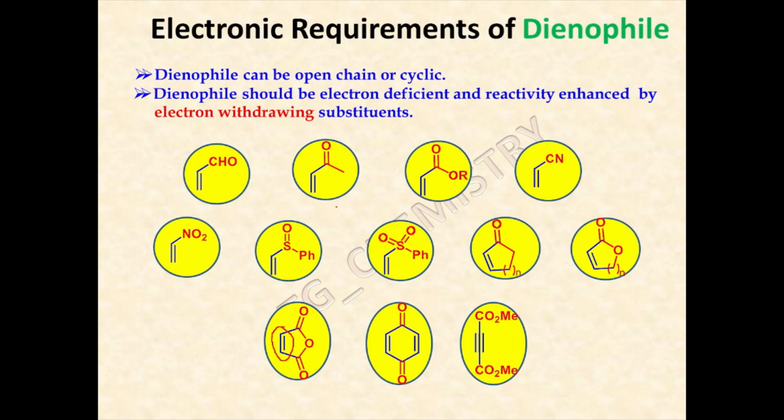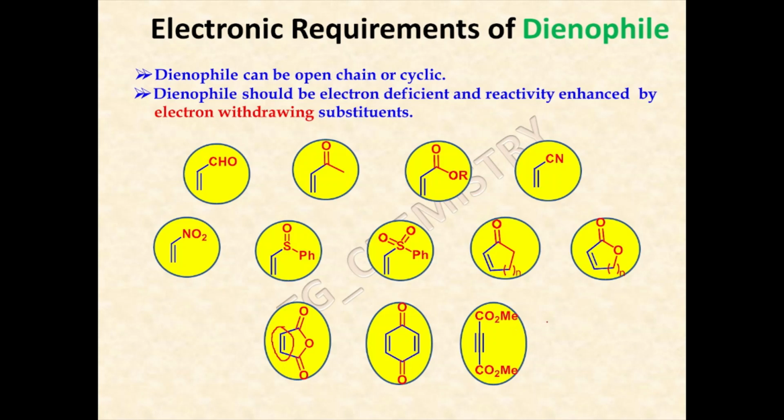So these are a few representative examples of dienophiles where you can really easily understand or realize the electronic requirement, which is very important for a dienophile to give a better yield in the Diels-Alder reaction. And they can be cyclic and open chain both.